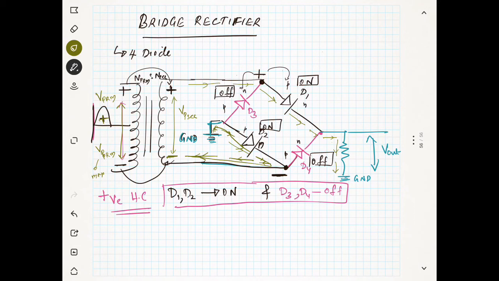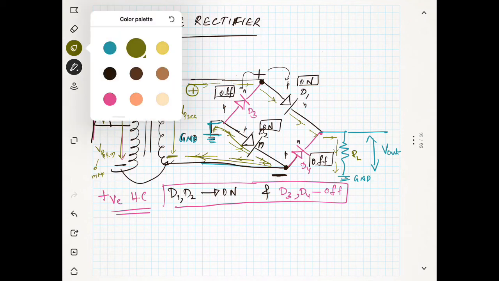This is the complete trace of the current during the positive half cycle. The current will start from the positive terminal, go through D1, then through the load resistance RL. After that it goes to the ground, and from the ground the current will come through diode D2 and go to the negative terminal and complete the circuit.